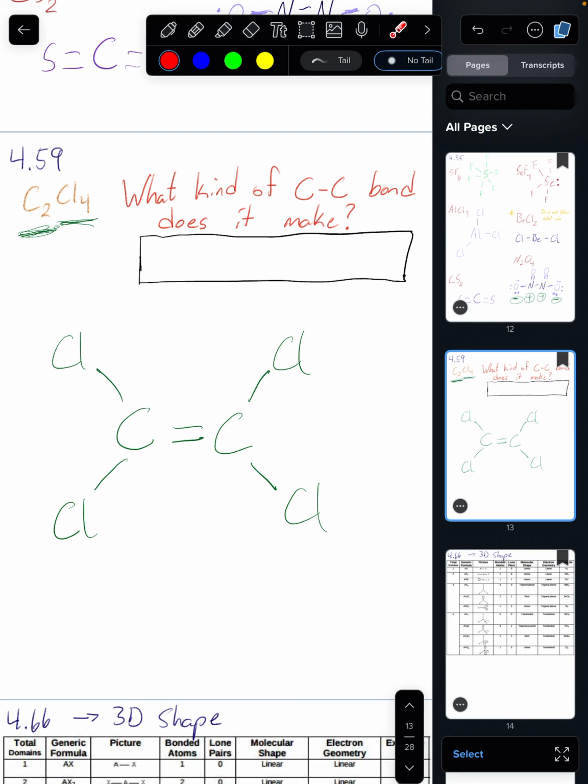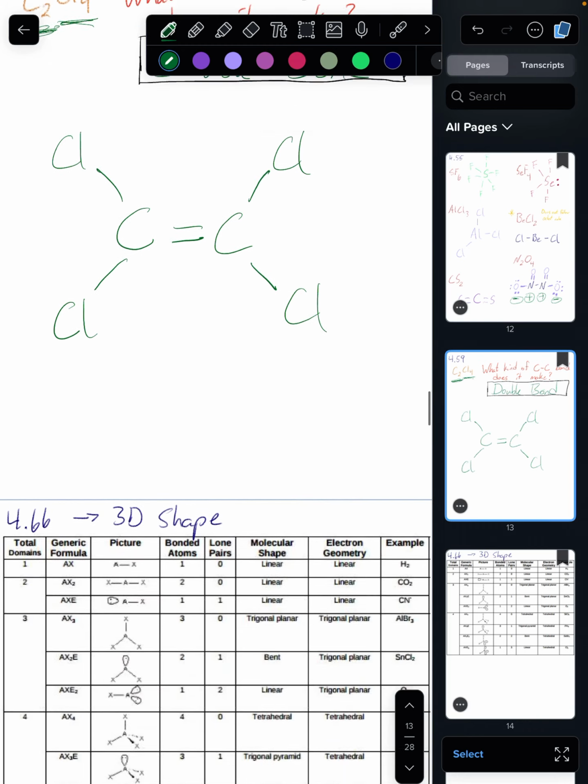And its bond makes 7. So, in this case, what kind of carbon-carbon bond does it make? It makes a double bond. Alright.